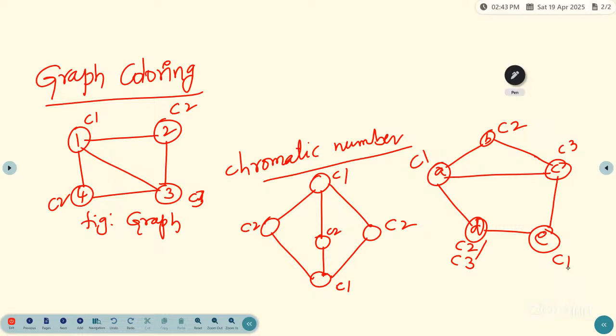Let capital G be a graph, G ante graph, consisting of a set of vertices and a set of edges.